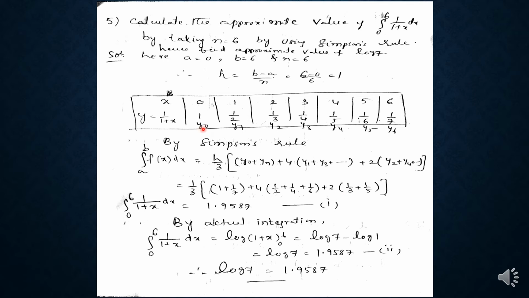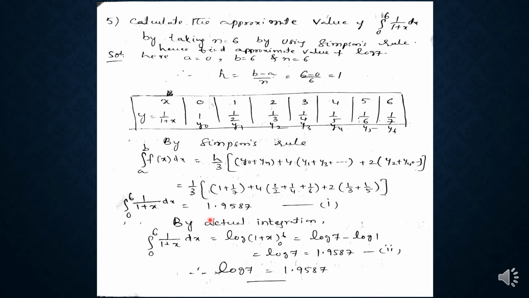So here even ordinates are y2 plus y4, y6 is also there, but y6 is the last ordinate, already we took the value, so we should take y2 plus y4 only, that is 1 by 3 plus 1 by 5. So by the simplification we will get 1 by 3 into 1 plus 1 by 7, that is 8 by 7, plus 4 into 1 by 2 plus 1 by 4 plus 1 by 6, plus 2 into 1 by 3 plus 1 by 5 means 8 by 15, 2 into 8 by 15.